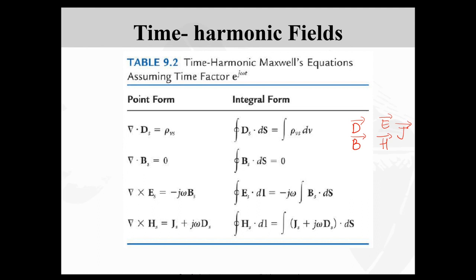So del dot D is equal to rho v will be replaced with del dot D s is equal to rho vs.